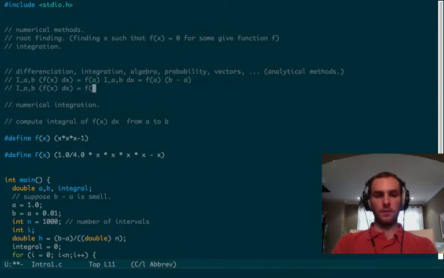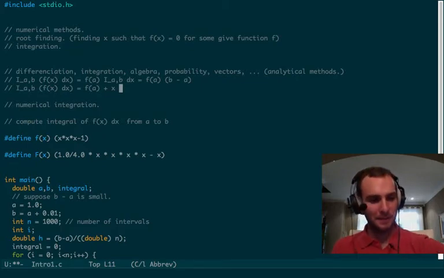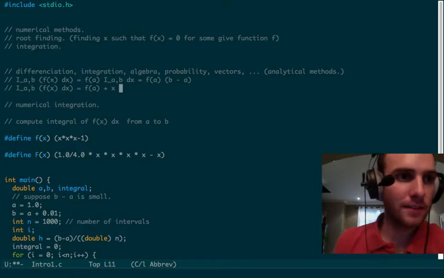So another way we could think of this is we can say f is equal to f of a plus x times something. Right now I just have this.